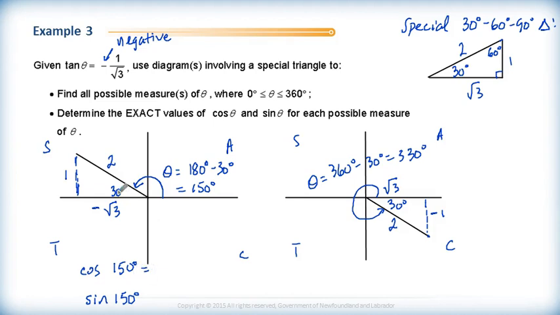The cosine of 150 degrees is negative root 3 over 2, the x value over the r value. And the sine value is 1 over 2, y over r rather. Meanwhile, cosine of 330 is root 3 over 2, the x value over the r value, and sine of 330 is negative a half.